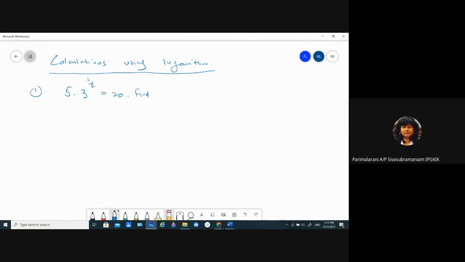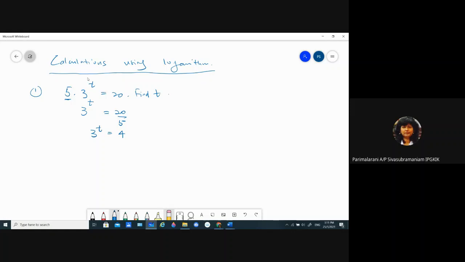Find t. So what do we do? First step, log. Before we do log, let's simplify this. So 3 to the power of t is equals to 20 over 5, bringing the 5 to this side. So 3 to the power of t is equals to 4.